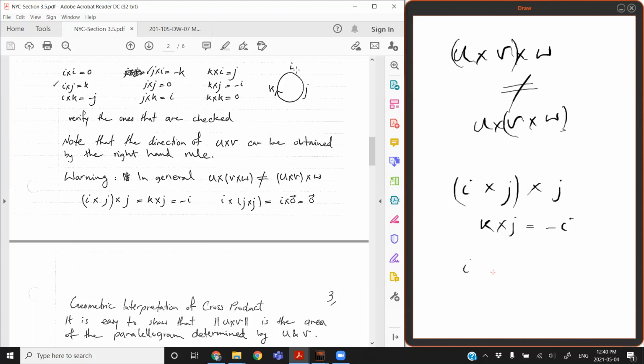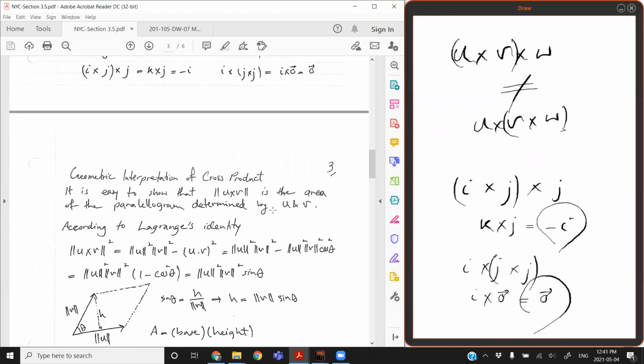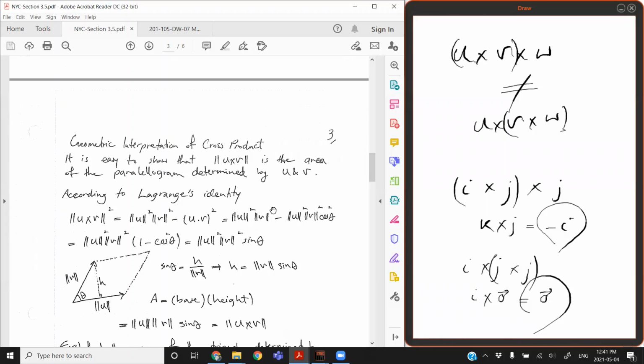But if I'm doing this one first, j cross j, I'm going to get i times 0, I'm going to get 0. So you can see that this is not equal to this. That's just a counterexample to show that there is no associative property when you have three vectors and you're using the cross product. Any questions?